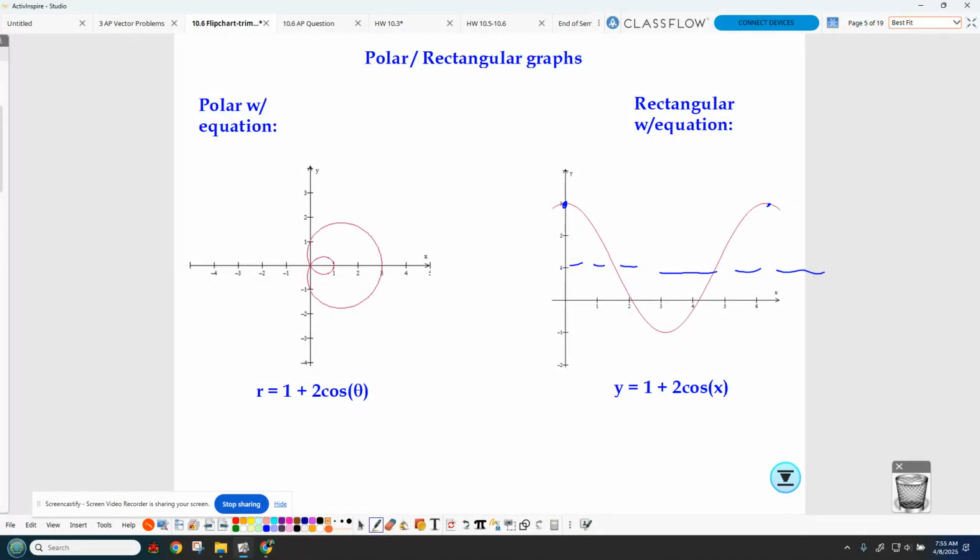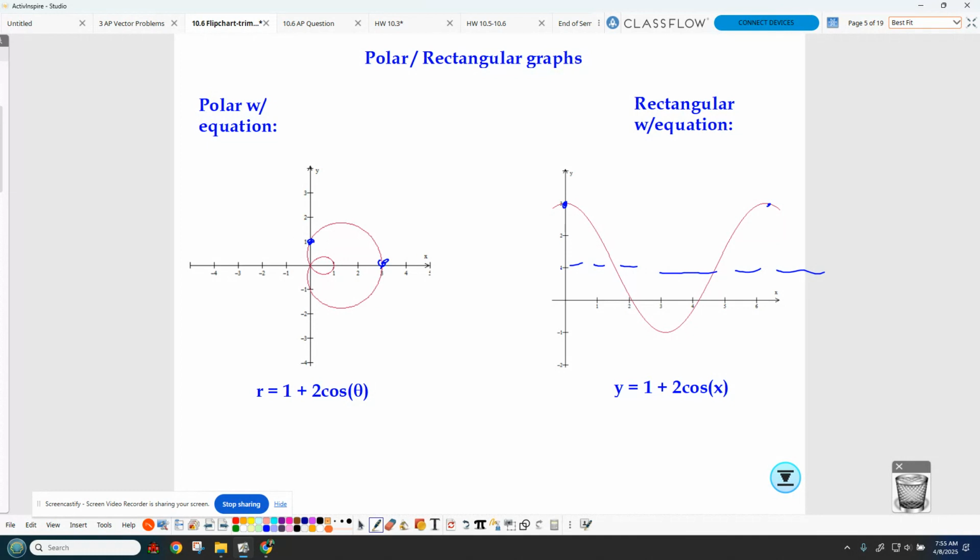Right? Polar, well, maybe I don't know these at all. Cosine of 0 is 1, so facing 0 degrees, I'm going to go out 3 units. Pi over 2, cosine of pi over 2 is 0, so this is 1 plus 0, so facing pi over 2, go out 1 unit.